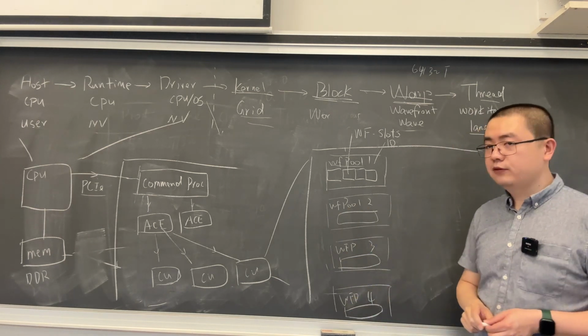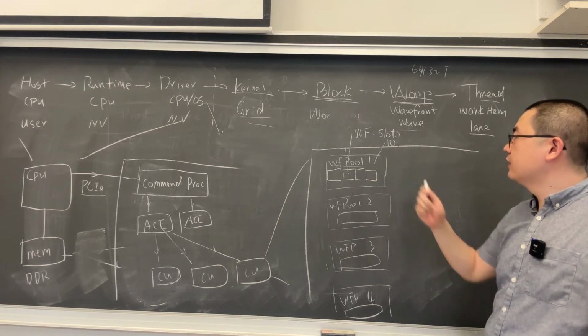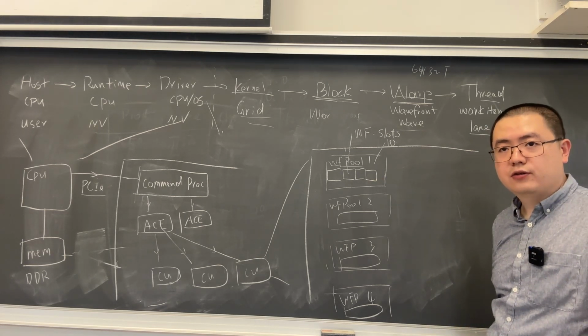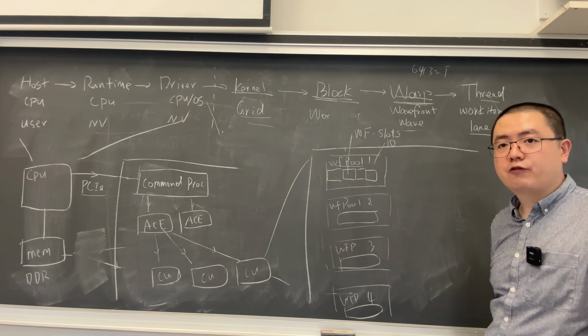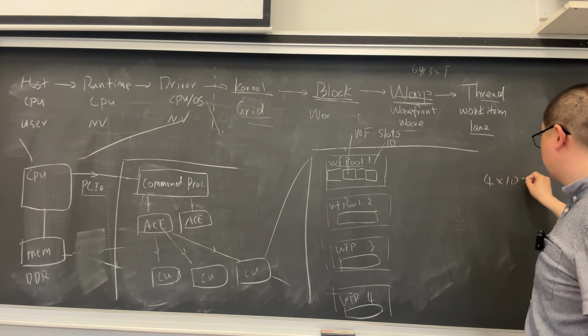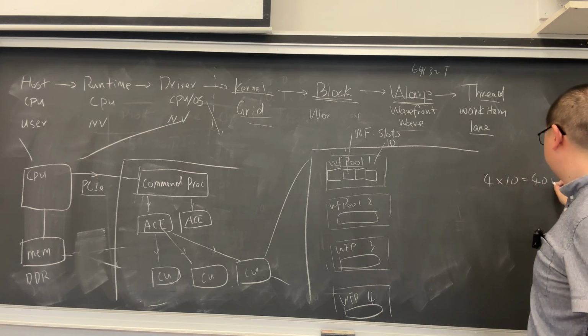That comes to the number of how many warps that one SM, one CU can handle at the same time. 4 multiplied by 10 is 40 wavefronts.